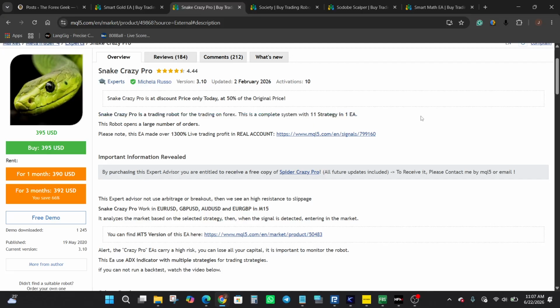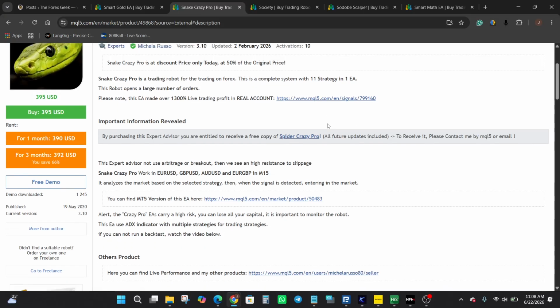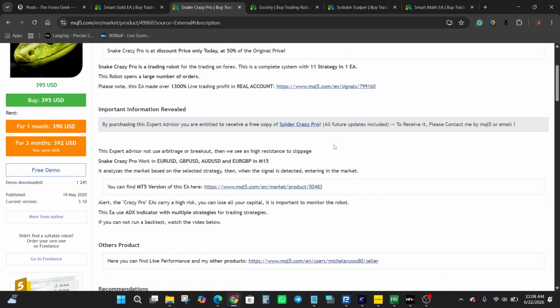Now, one important note highlighted on the page is that the robot can open a large number of orders, and there is also a clear warning that the Crazy Pro series carries a high level of risk, meaning traders should actively monitor performance and understand the potential for substantial losses.